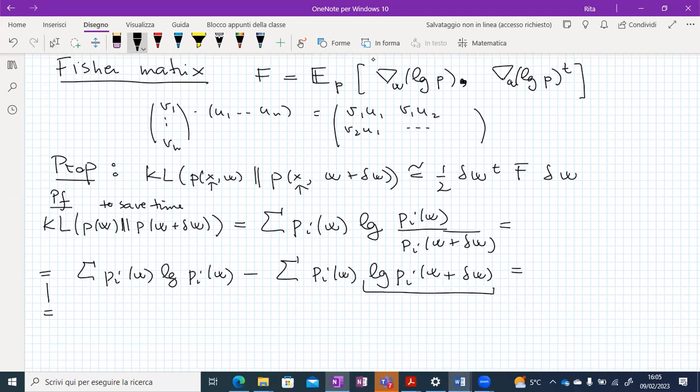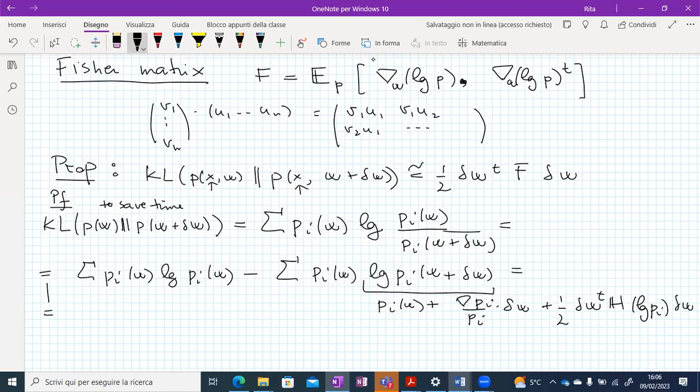We get log P_i(w) plus the gradient of P_i over P_i, so you are doing the logarithm of something with respect to many variables, so you actually have a vector, times delta w, plus 1/2 delta w, the Hessian of the logarithm of P_i, delta w. I forget where the transpose is, it is probably here. So you get a number, right?